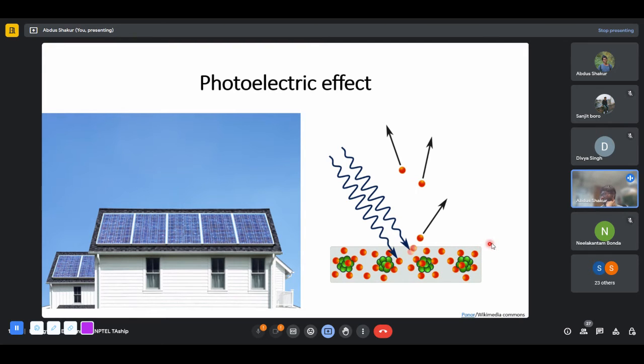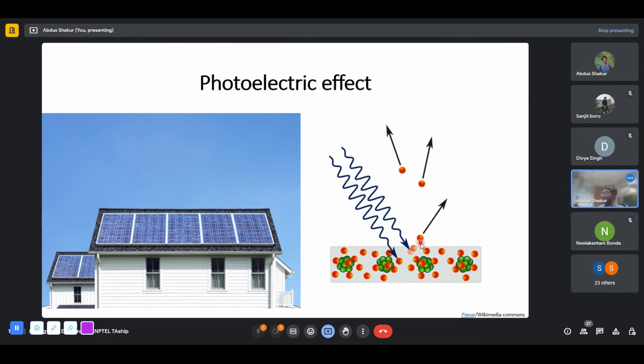So what happens in this semiconductor is that when photovoltaic radiation, which is basically light, it's a fancy word for light, falls on this semiconductor, it excites electrons. These excited electrons jump from this metal and try to go outside.